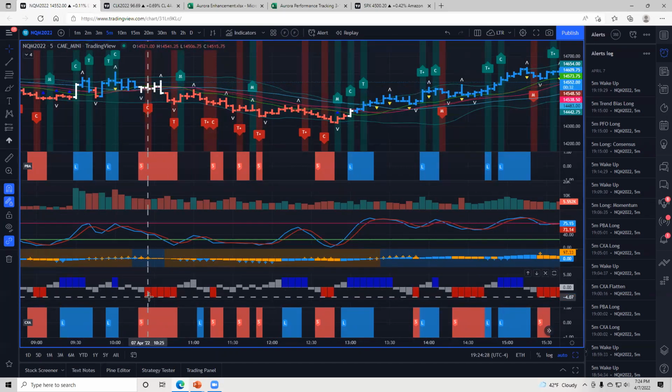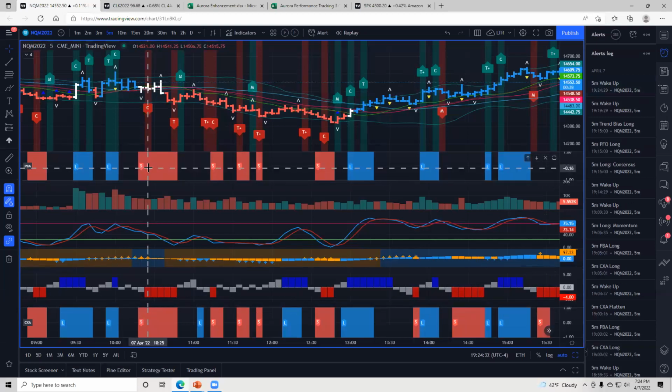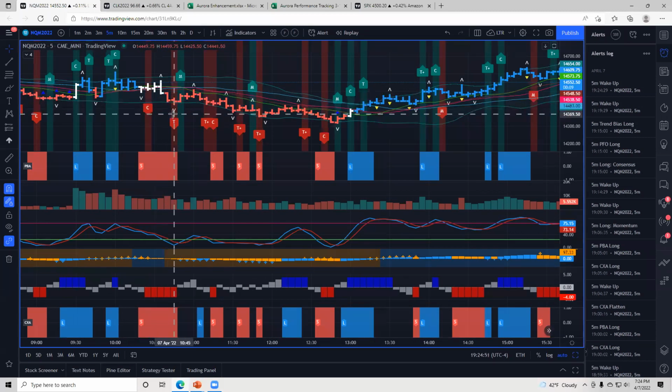So you have the PFO, you have CXA, and you have PBA all lined up short. Price bar is white. This is a 3A entry. 1, 2, 3. Price bar is not aligned, but it is not in conflict. That's a 3A entry. And you can see that we had some nice movement to the downside.